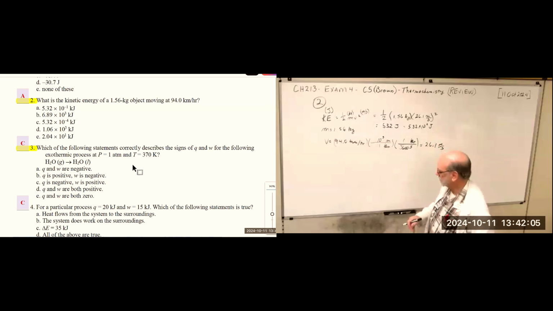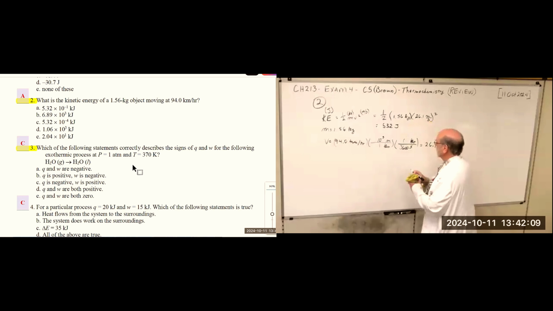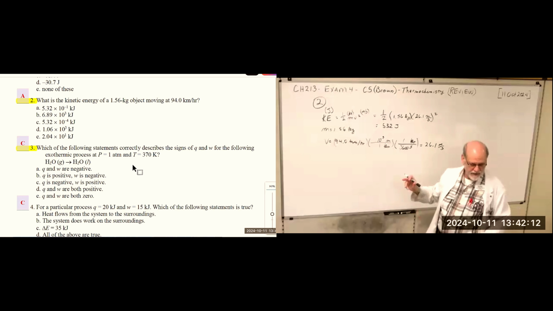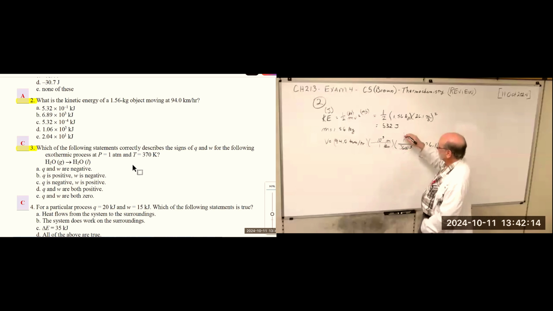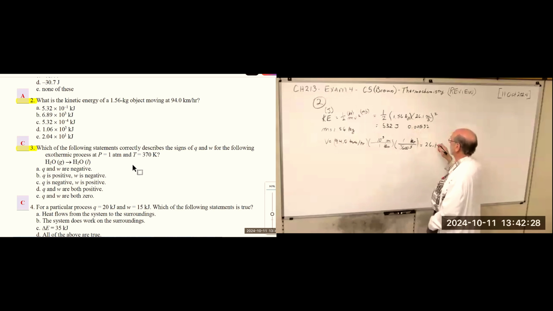So let's do it this way. If the units get bigger, the number gets smaller. All right, so we have to move 3 to the left. 1, 2, 3. There we go. Joules, then kilojoules, kilojoules is going to get bigger.